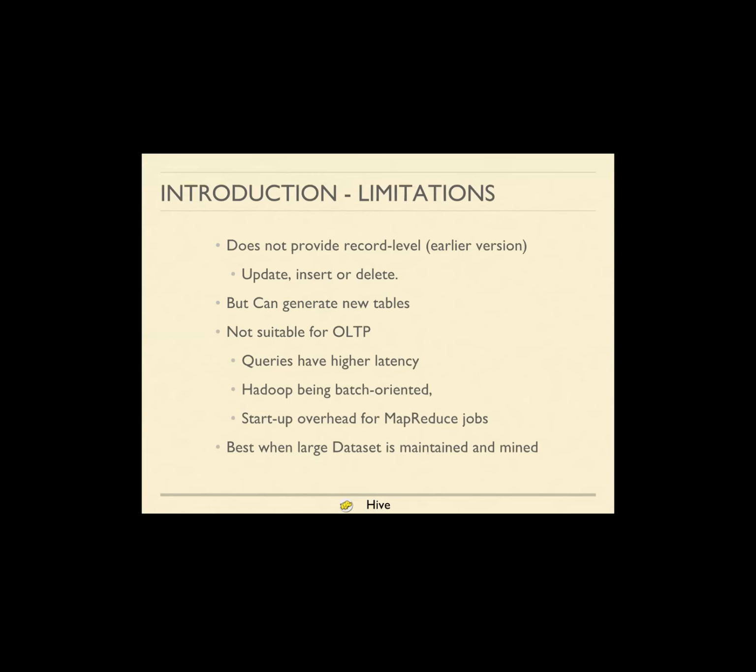It doesn't finish immediately. It's best when you have a huge data set that you want to query, and this data set doesn't change very often. If you have a relatively static data set, that is the best use case of Hive.